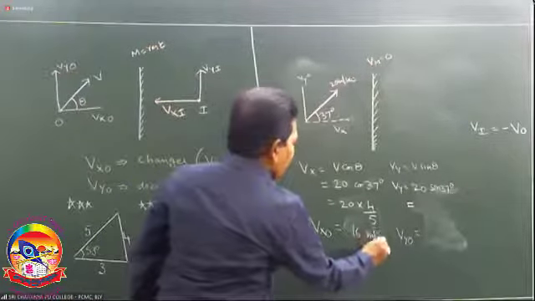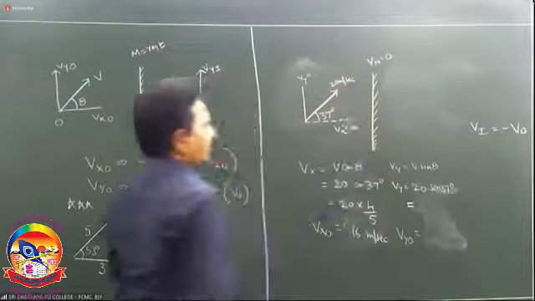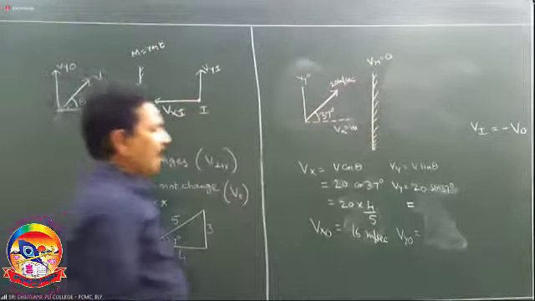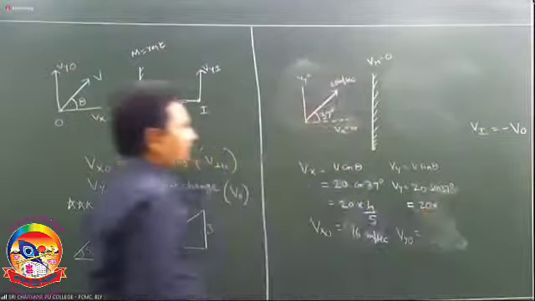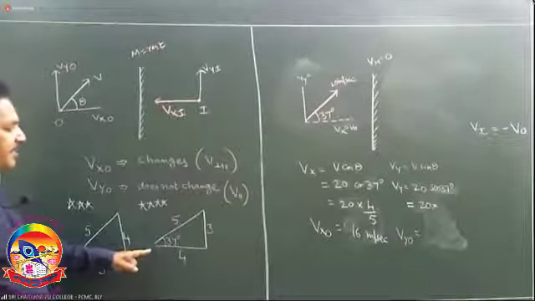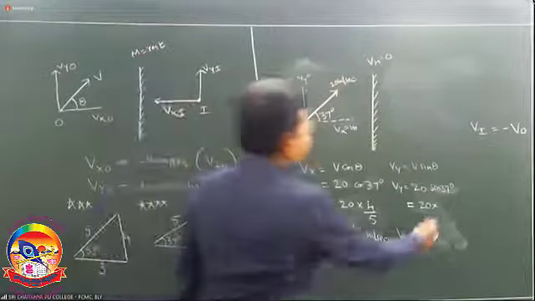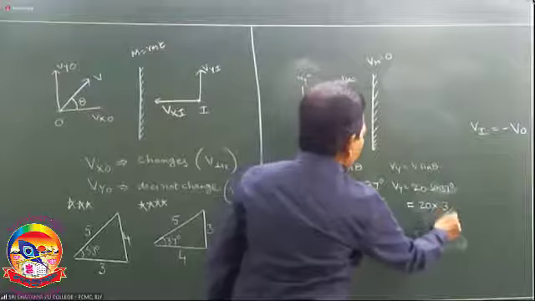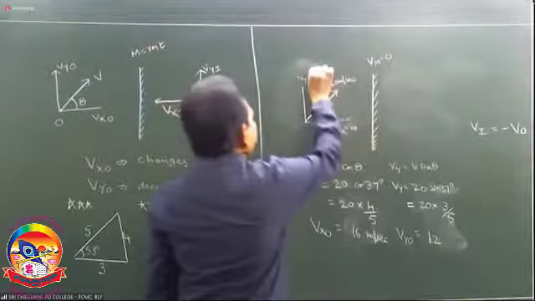So along the x-axis, 16 meters per second. As it is, 20 sin 37. From this triangle, sine 37 is 3 by 5, 5 ones, 5 fours, this is 12.